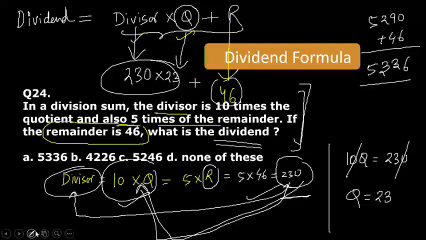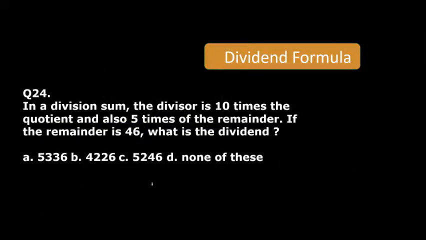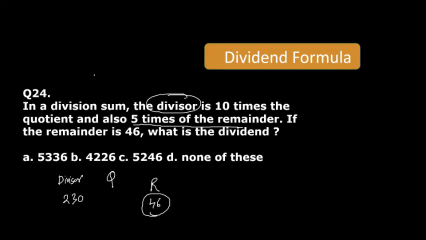Again, let me tell you how I solved this. The remainder is 46, and 5 times the remainder is the divisor, so that would be 230. Now we need to find the quotient, and there is a relation between divisor and quotient. It is given in the question that the divisor is 10 times the quotient.